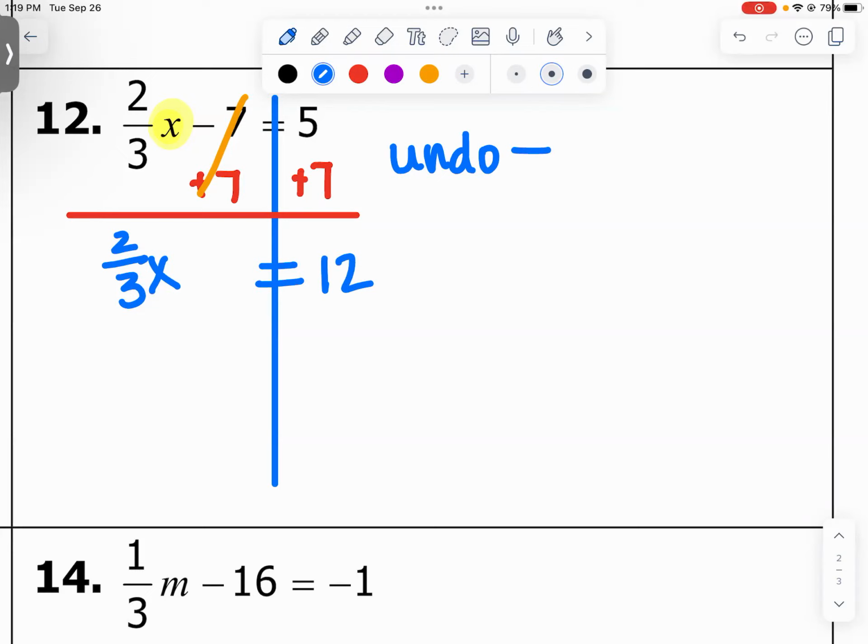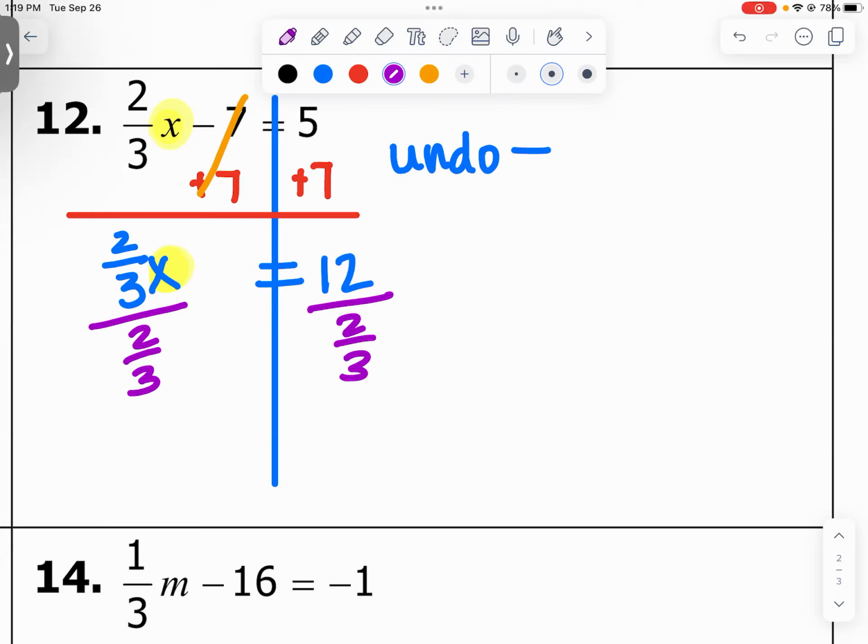Okay, so Emma, how do we get x by itself? Emma is saying that we should divide it by 2/3. It's not wrong, but when we divide by a fraction, we flip it.